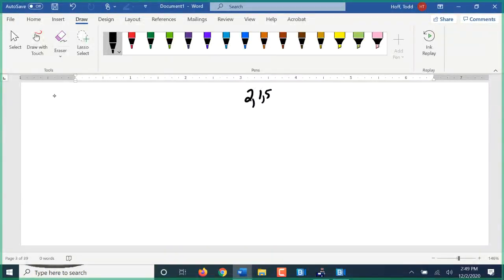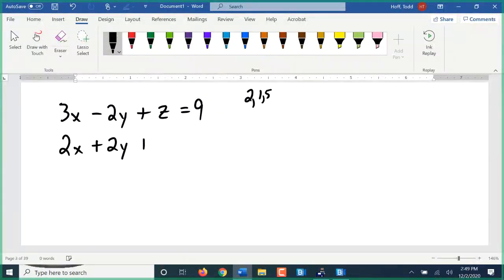So let's do 3x minus 2y plus z equals 9. 2x plus 2y plus 3z equals 21.